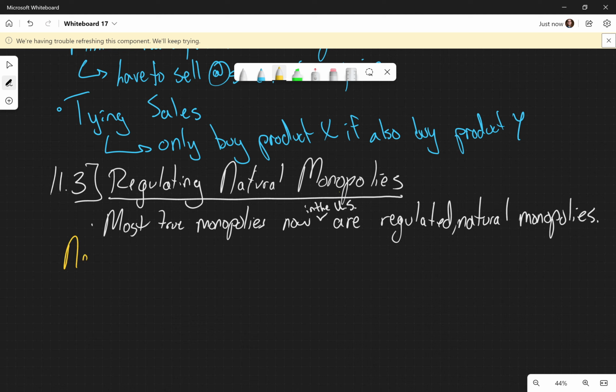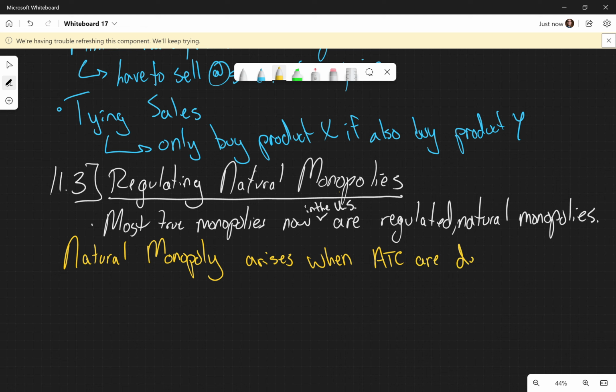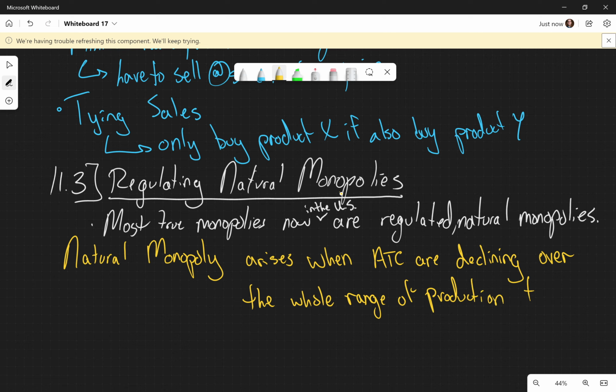Let's go ahead and get that in our notes again here. Natural monopoly. A natural monopoly arises when the average total costs are declining over the whole range of production that satisfies market demand.